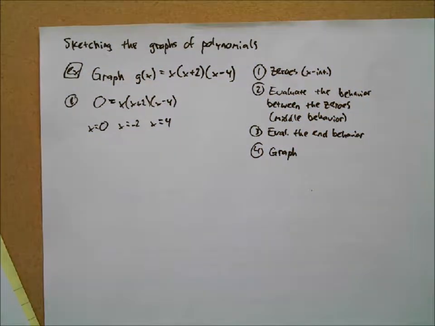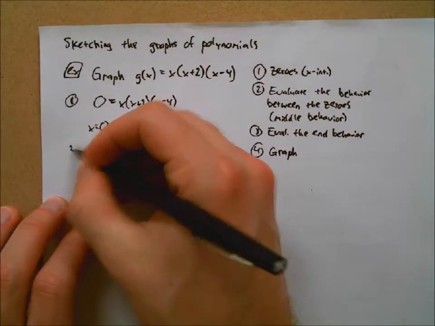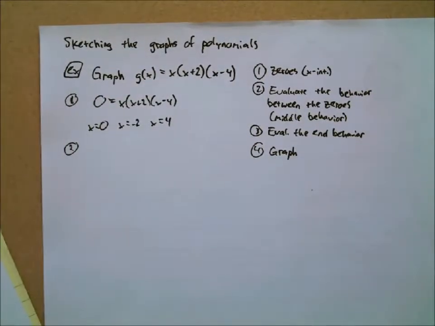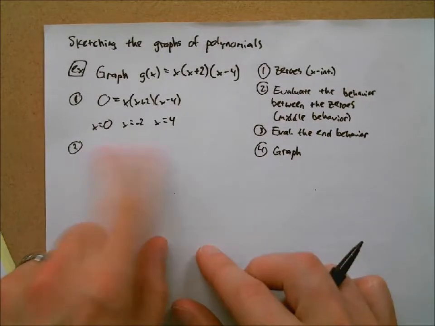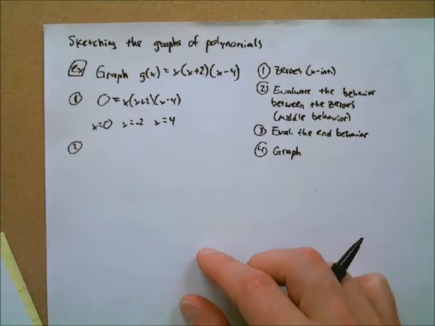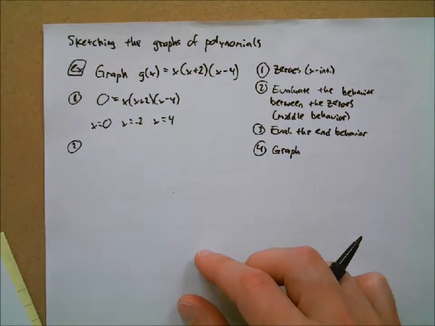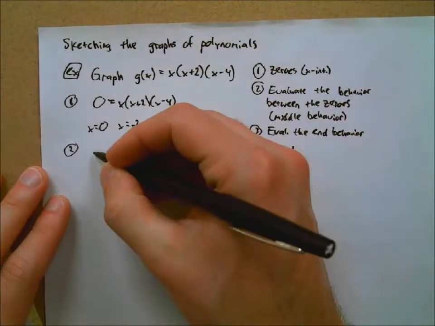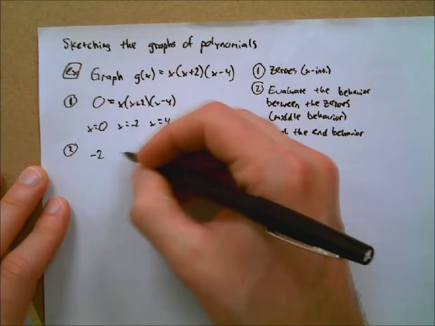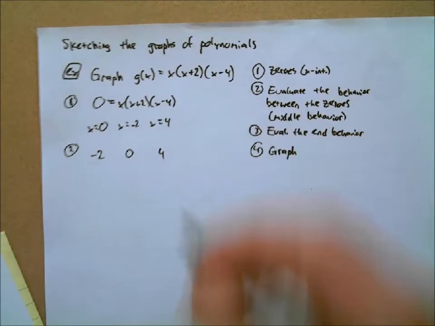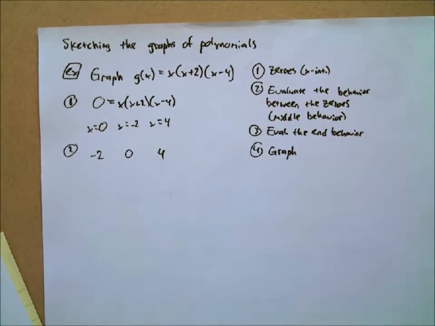So for the behavior between the zeros, that is the middle behavior, we're going to put these zeros in order, and then pick numbers between the zeros. So I'm going to put the -2, the 0, and the 4 here in order. Those are my zeros. We're just going to pick a number between -2 and 0.